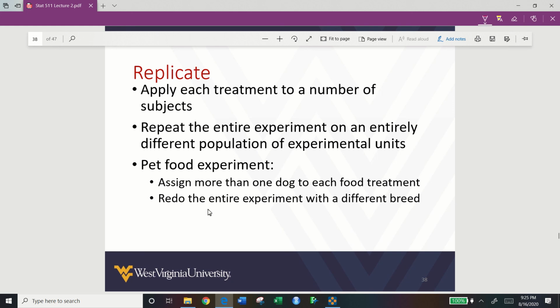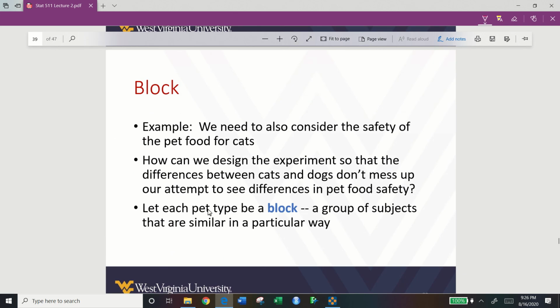Next, we're going to replicate. So now we've done our first round of experiments. We've applied each treatment to our number of subjects. We repeat, as I said, the entire experiment on an entirely different population of experimental units. So using our pet food example, we will now assign more than 1 dog to each food treatment, and we'll redo the entire experiment, this time with a different breed.